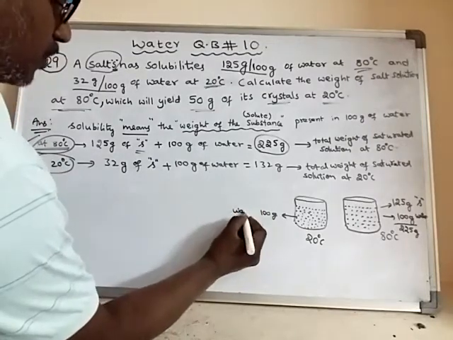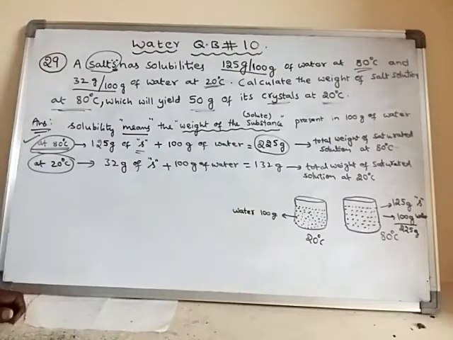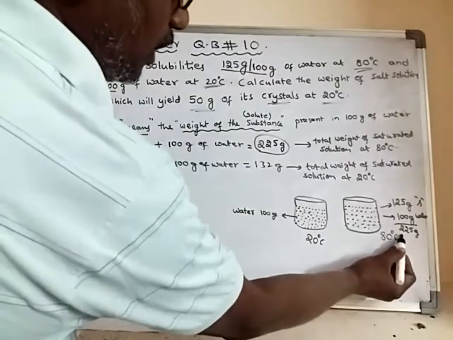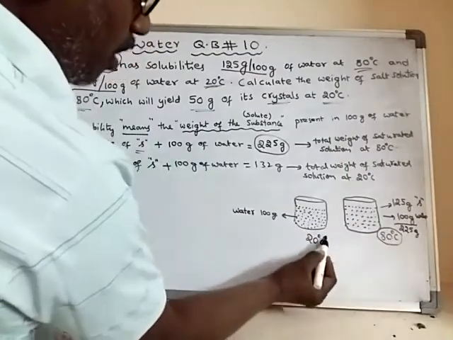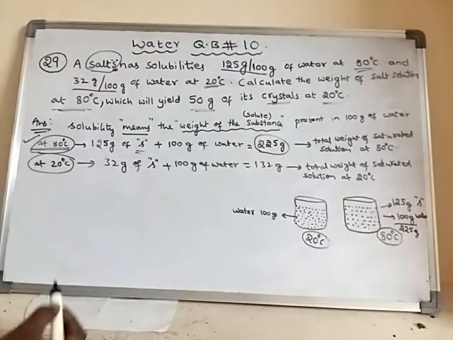Here also, 100 grams of water only. So what we have done is cool this solution from 80 degrees centigrade to 20 degrees centigrade. When any solution is cooled, what happens?